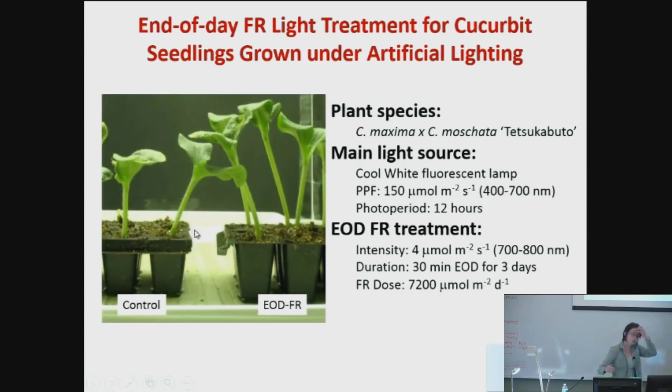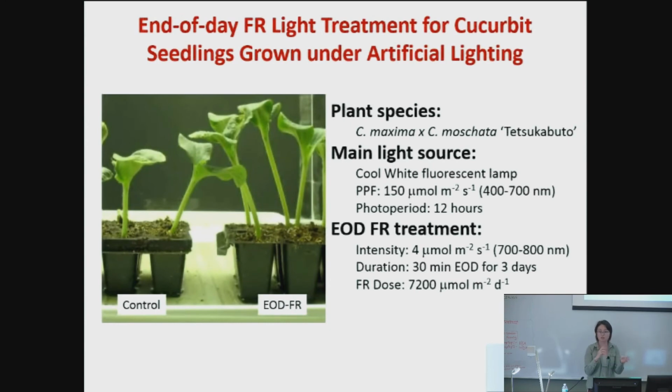We tested this technology because we were working on vegetable grafting. In vegetable grafting, you really want a certain length to work on. Otherwise, it's very difficult to work on the plants. So for the efficiency of the work, growers want to stretch the plants, and then after stretching, they want to make the plants more compact.